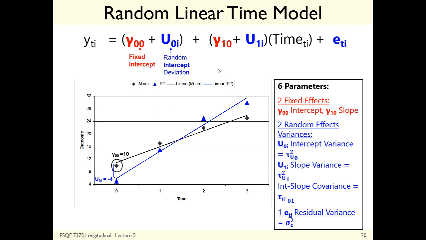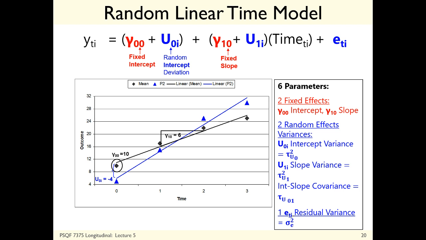Then we have our fixed slope. That's the slope of the black line. Rise over run, as we learned in algebra in like junior high, remember that? Delta y, delta x, that was the other version. So that's 6. On average, for every 1 unit difference in time, the mean goes up by 6 for the sample.